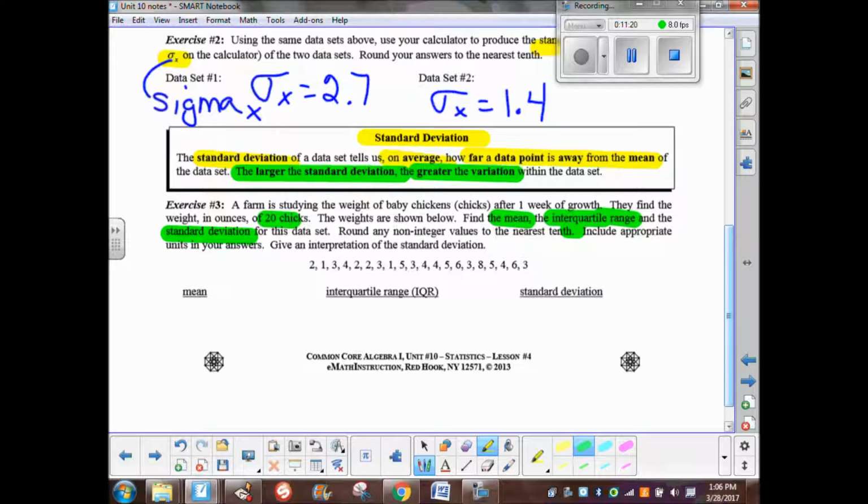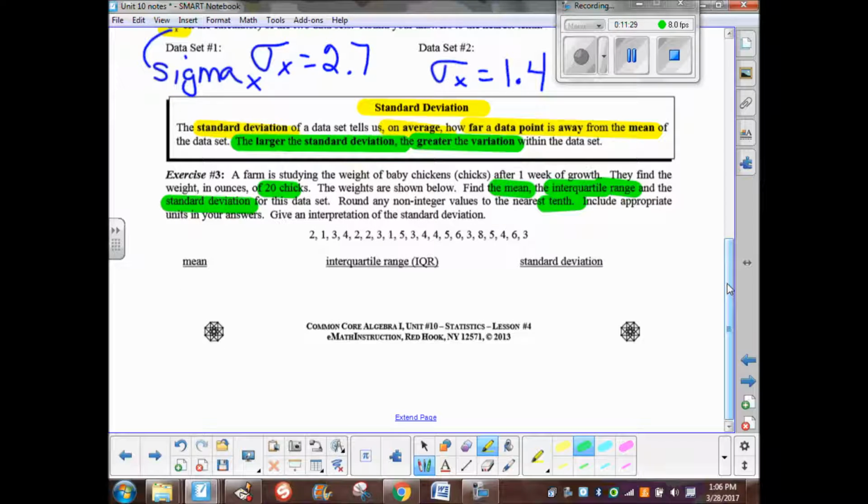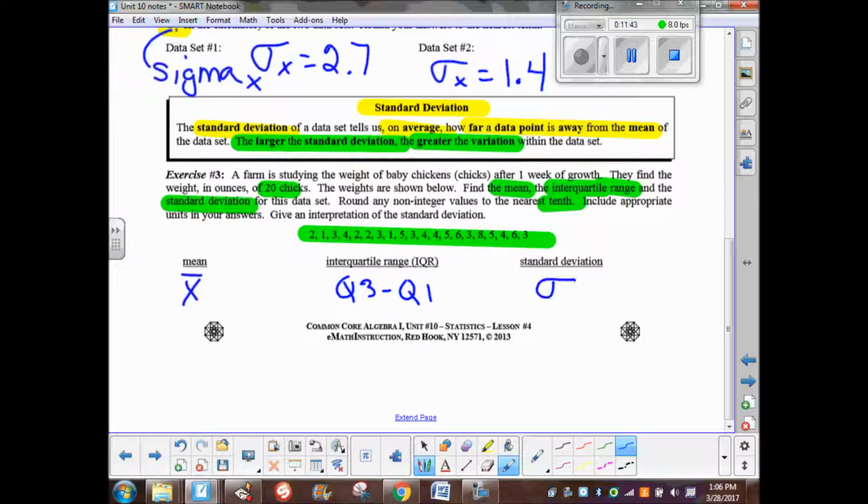We want to round to the nearest tenth, include appropriate units, and give an interpretation of the standard deviation. So let's pause and enter this whole list into lists and spreadsheets. Let's find the mean, which is x bar, the IQR, Q3 minus Q1, and then the standard deviation, sigma x.